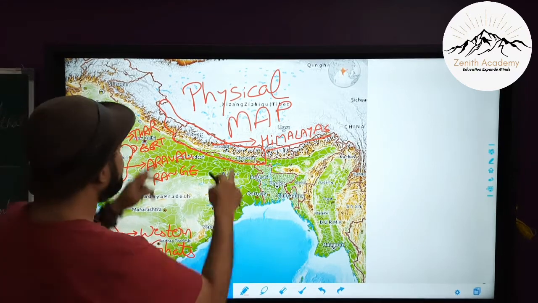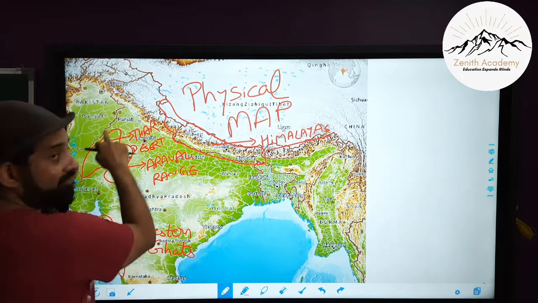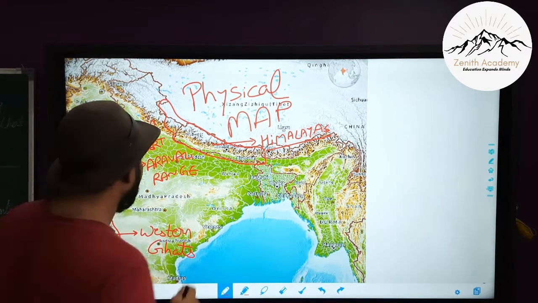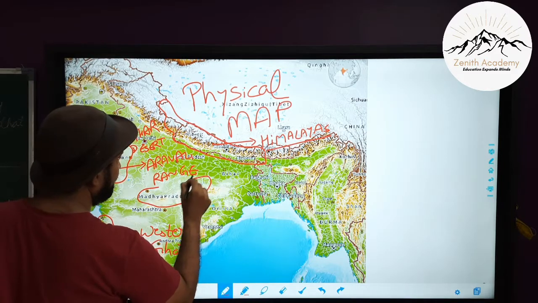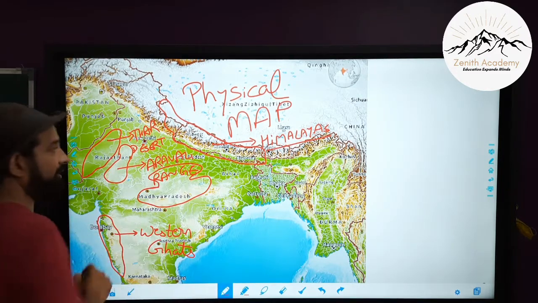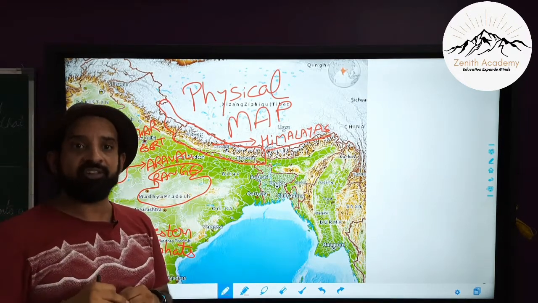So students, we have mountain ranges, then we have the Great Thar Desert, then there are certain dense green parts here also. These are the great forests of Madhya Pradesh and Chhattisgarh.